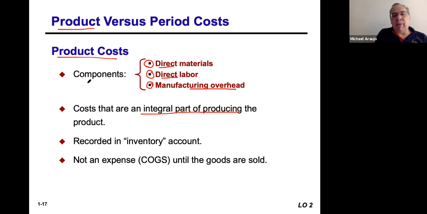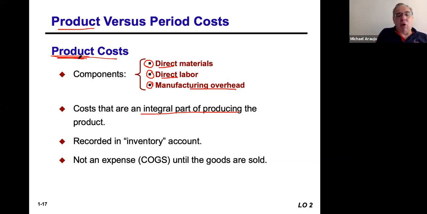So these components are considered product costs because they are directly related to the product. Now, the wonderful thing that manufacturing does differently in accounting than what you learned in financial accounting, because we only talked about retail. We only talked about inventory in terms of retail.